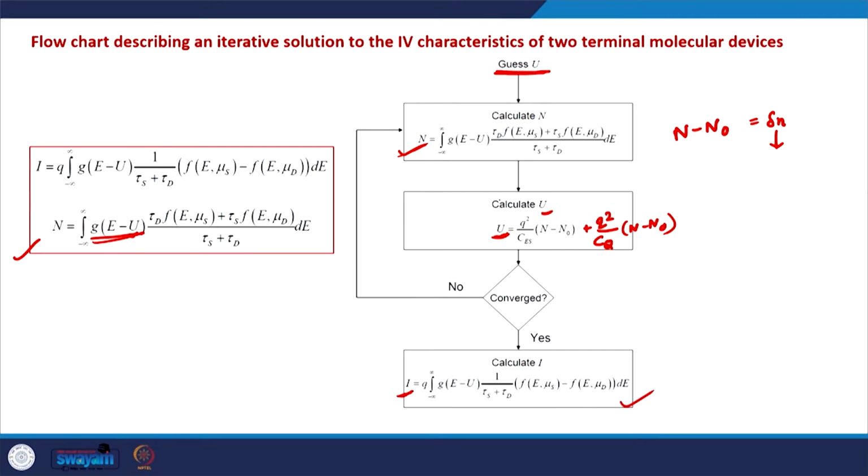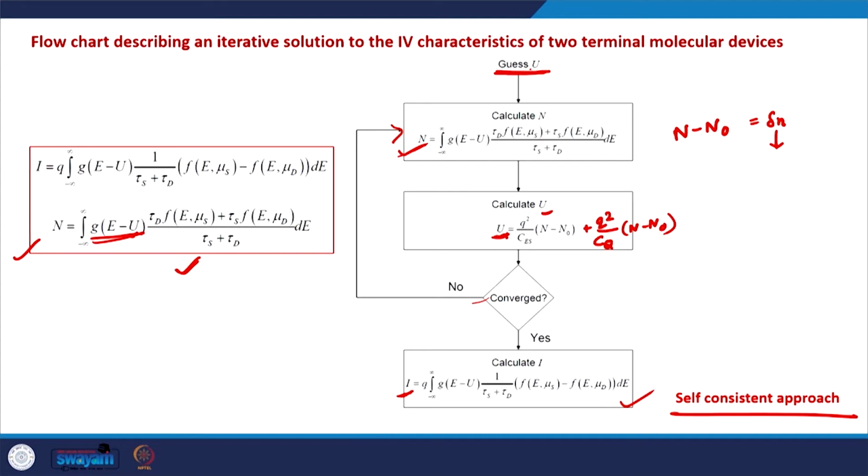But if this and the initial guess do not match, then we again go back to this step. With this u we calculate n, from this n we calculate a new u, and we compare this one and the previous one. If they converge, then we calculate the steady state current, otherwise we go back. So this is the iterative way to calculate the solution of these equations, because we cannot have a closed form solution, and this is known as the self-consistent approach.